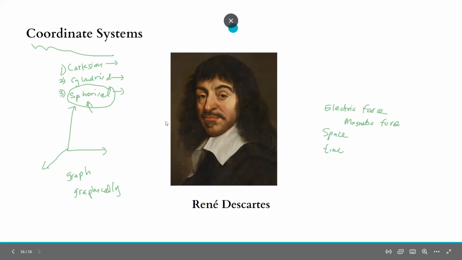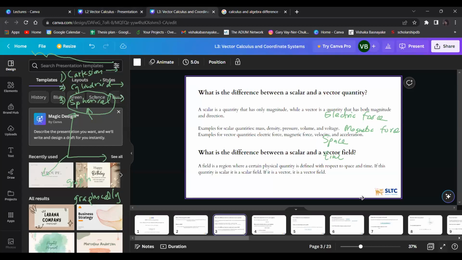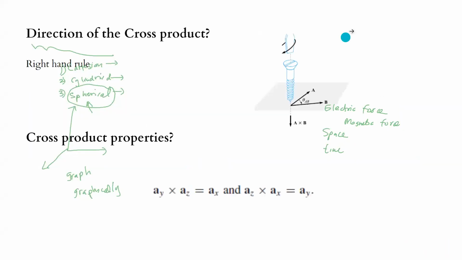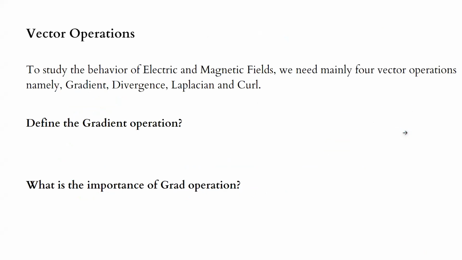Right, so we will discuss next the vector operations. That is another aspect of vector calculus, right? We discussed the vector products and how they are defined and what vectors are and so on.